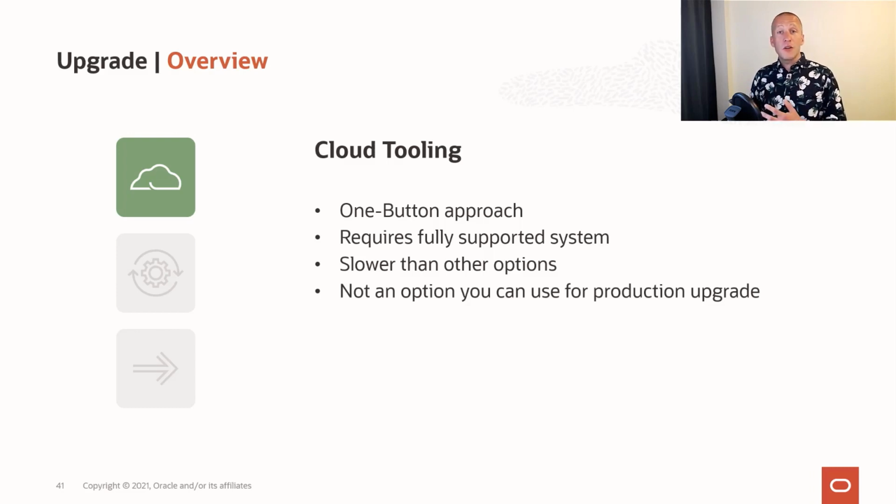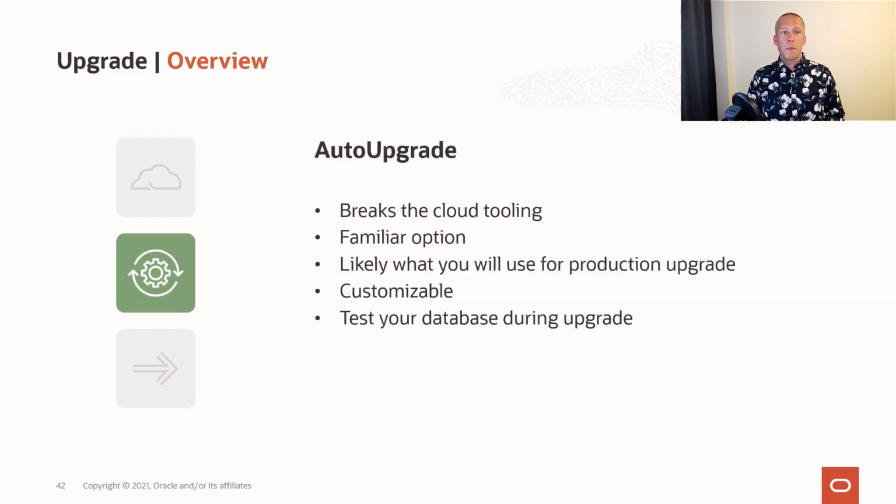But if you use the cloud tooling for that, you get no practice in the method that you will use for your on-prem database. In that sense, it is much better to use auto upgrade. If you upgrade, for instance, a VMDB system with auto upgrade, you will break the cloud tooling.